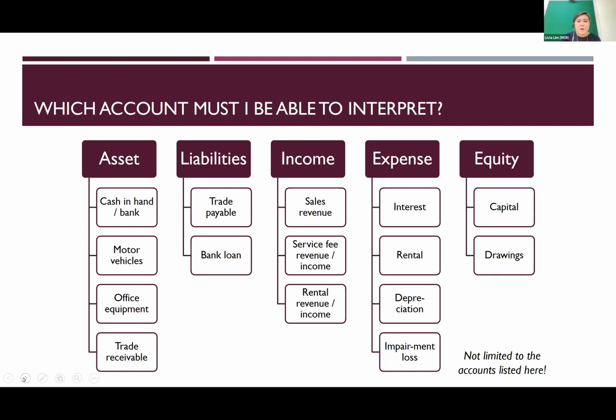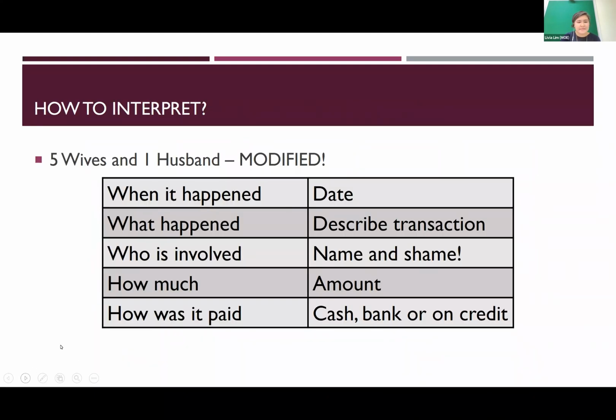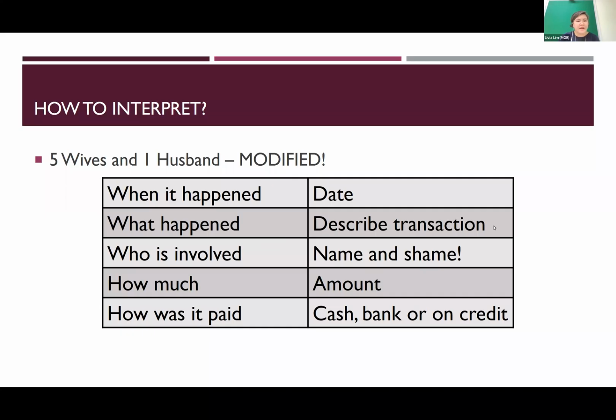All right. So, what are some of these skills? Now, these are the 5W1H, except that it's modified. When you are interpreting the accounts, you must know how to describe when it happened.